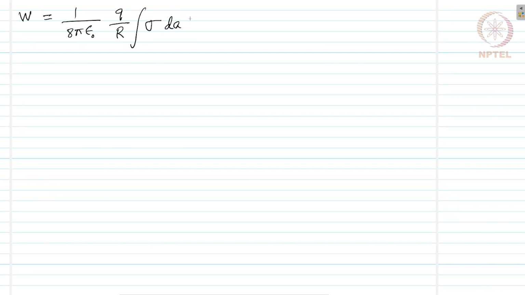We can do this. This turns out to be 1 over 8 pi epsilon naught q squared, because integration over sigma dA will give us q once again over R, and this is the energy due to the distribution of uniform charge on the spherical shell.